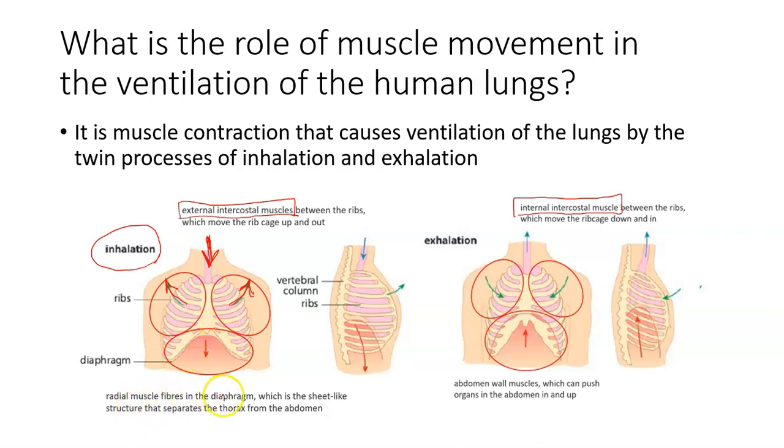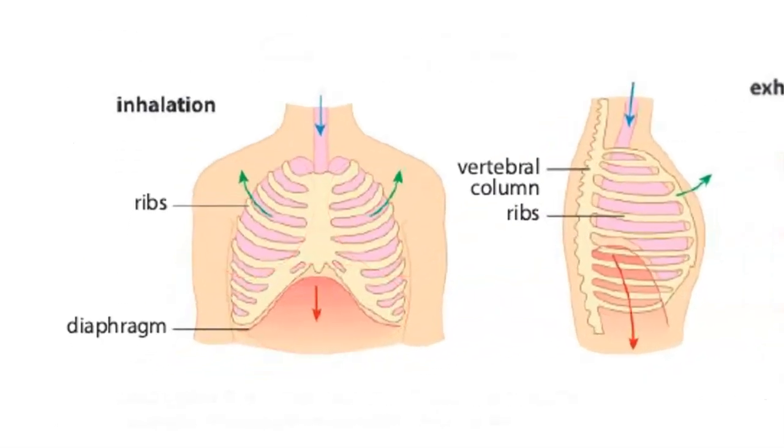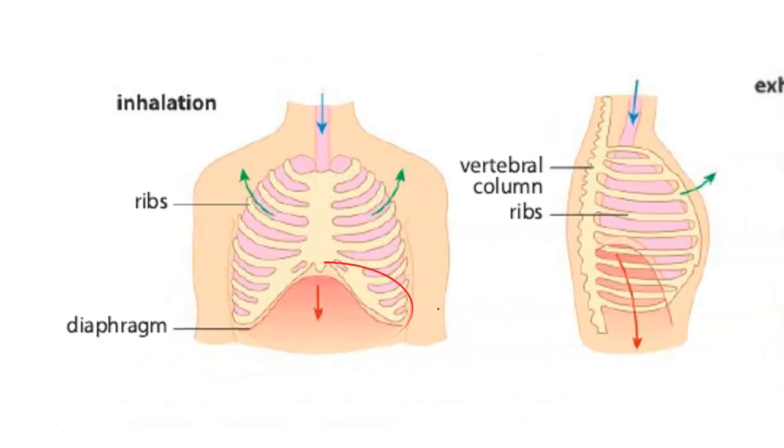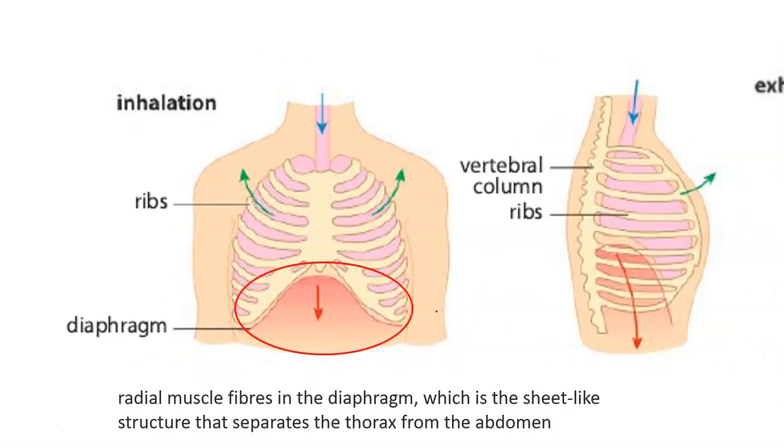Radial muscle fibers in the diaphragm, which is the sheath-like structure that separates the thorax from the abdomen. This area is thorax, and this area is abdomen. So this diaphragm is here and is separating your thorax from abdomen. So this is what you can see from a bigger magnification.